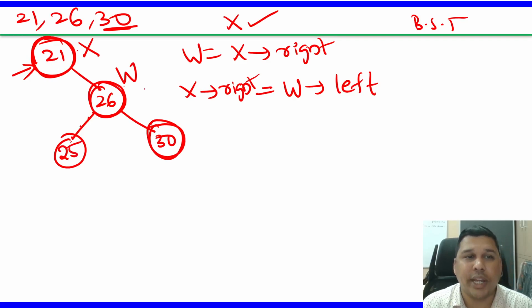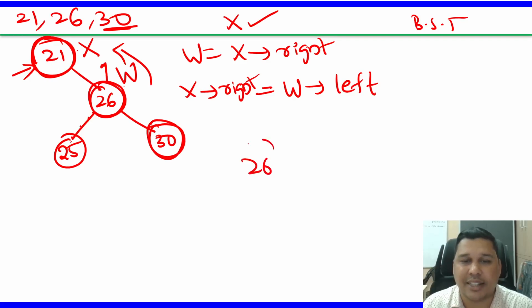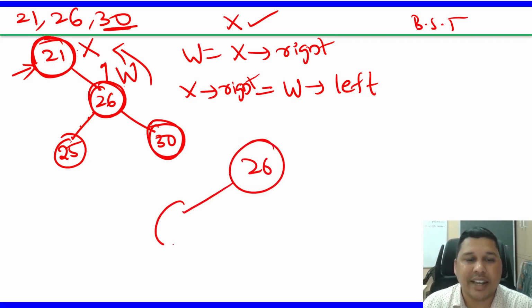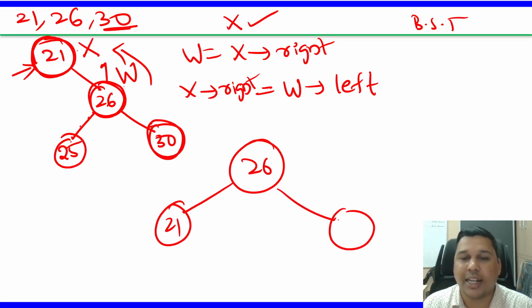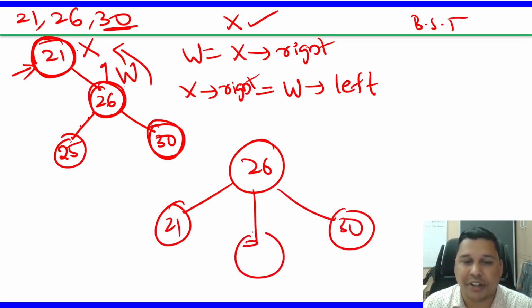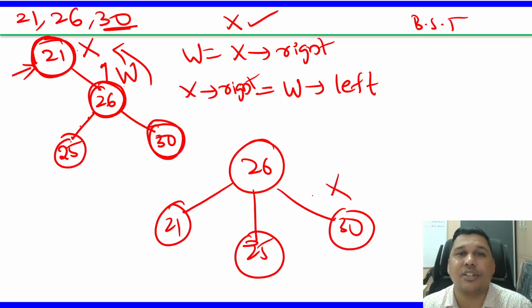When I am doing left rotation here, I am trying to balance this. So, when I am doing left rotation, this 21 has to come down, 26 has to go up. If I take 26 up, it becomes something like this. 26 is coming up, it is linked with 21, also 30 and also 25. This is not a binary search tree.